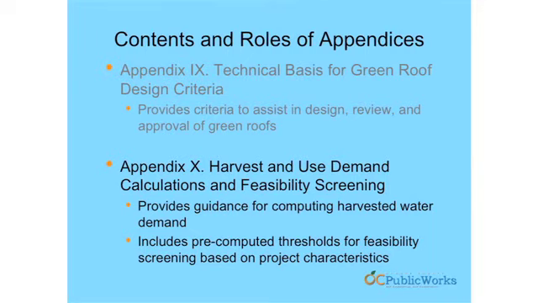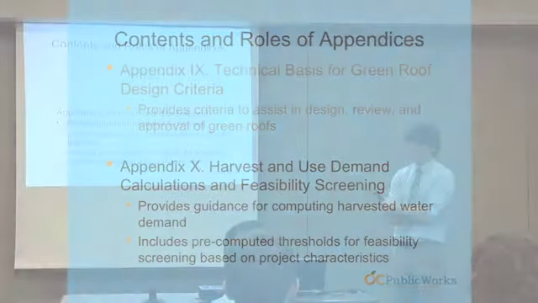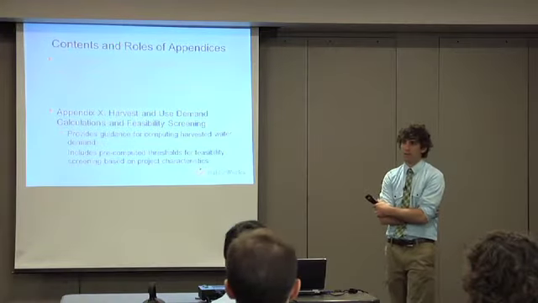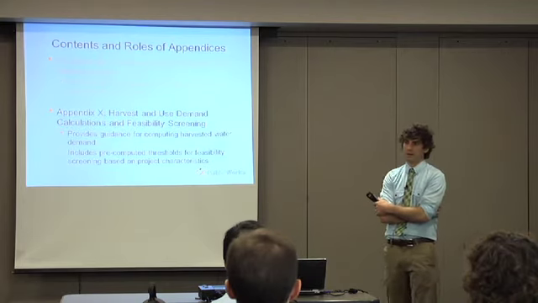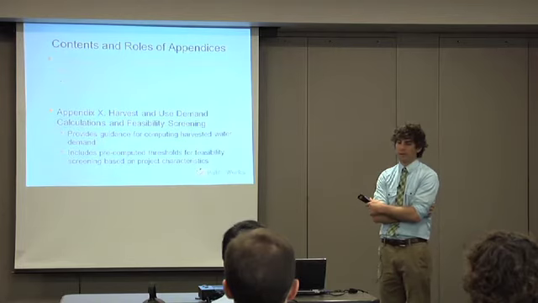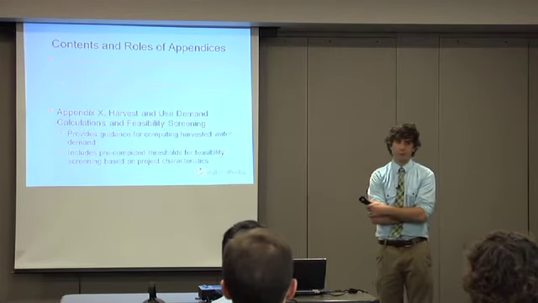Appendix 10 gets into feasibility screening thresholds for harvest and use. And so one of the things that we have realized is that in this climate, the types of projects that are going to be able to actually use harvested water during the wet season, when you really need to use it in order to achieve a stormwater benefit, are few and far between.